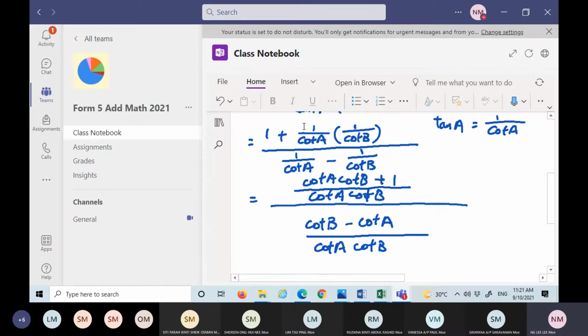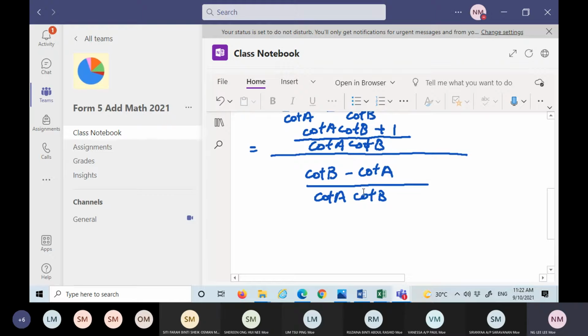Okay, because this term is 1 over cotangent A, cotangent B. So I repeat, you see, the 1 here is cotangent A, cotangent B over cotangent A, cotangent B. Okay, then this term is 1 over cotangent A, cotangent B. Then the denominator the same, okay, share the common denominator. Then numerator will be cotangent A, cotangent B plus 1. Okay, now very near to your answer already.